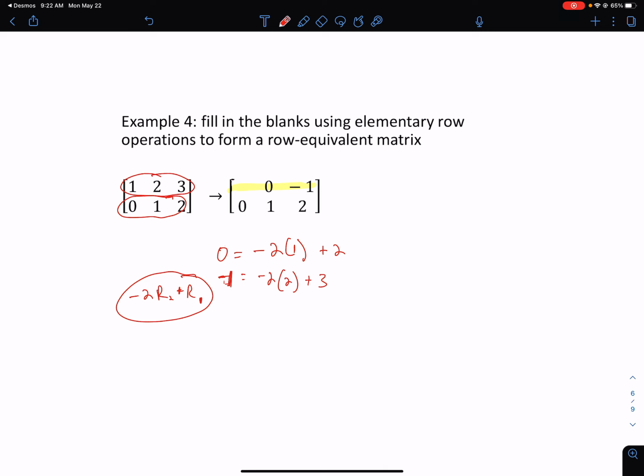So 0 times -2 is 0, and then I add it to the old row 1. 0 plus 1 is 1, so that will be a 1 that we fill in there.